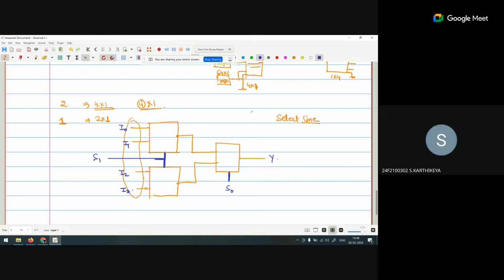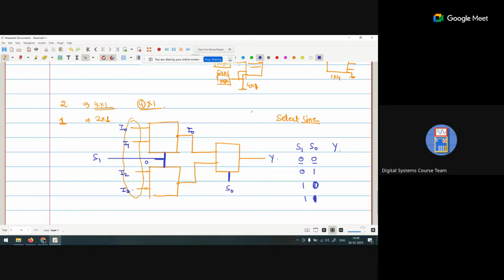Now, if I am considering this as Y1, what is the value of Y1? Or I can say S1, S0 and output Y: 0 0, 0 1, 1 0 and 1 1. If S1 and S0 both are 0, what will be selected from here?